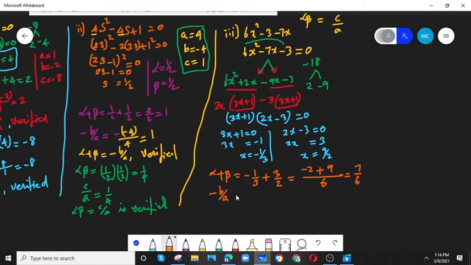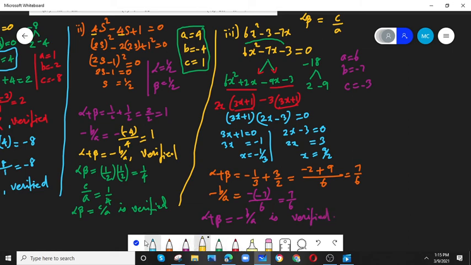What is your b value? Come here: the a value is 6, b value is minus 7, c value is minus 3. Substitute here: minus of minus 7 by 6 is 7 by 6. Both are the same. So alpha plus beta equal to minus b by a is verified.